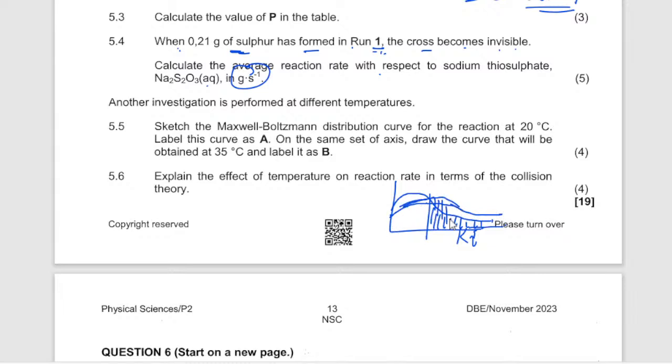So all these are added, which means more particles will have sufficient energy. Then you put a caption and labels on the axes, so that we give you a mark for each.